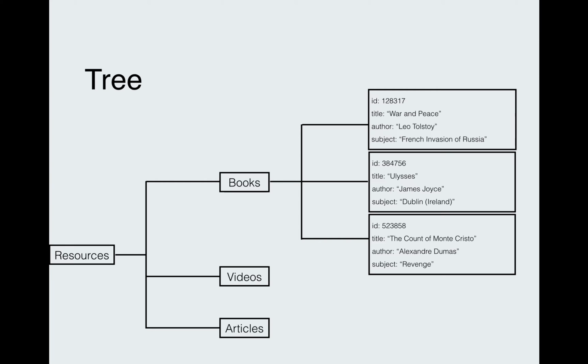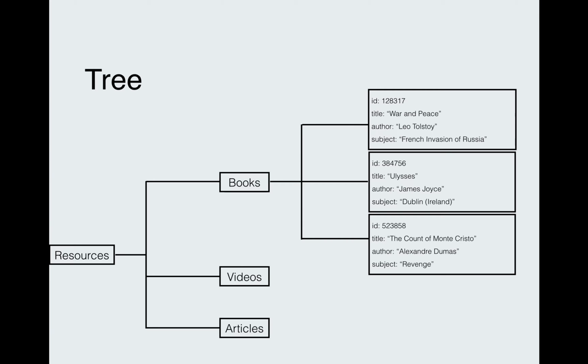So trees are great if you have a simple organizational problem in which all of the items you wish to organize can be divided into clear groups. So the resources in a library, for example, can often easily be divided into types of book or video or article.